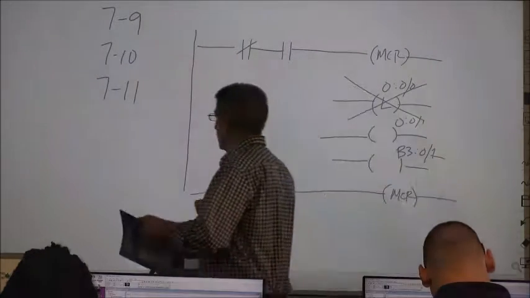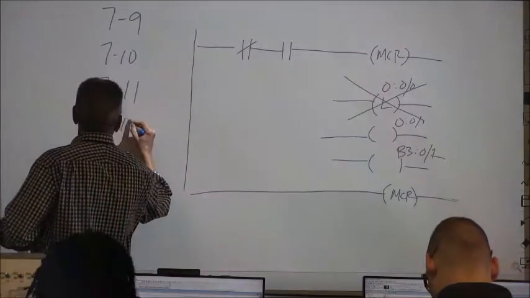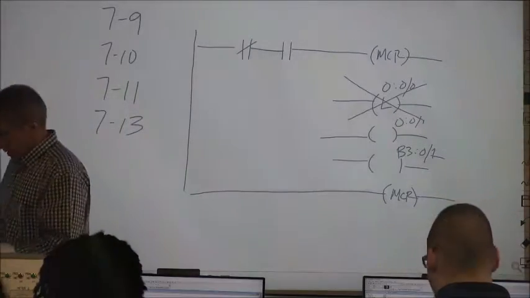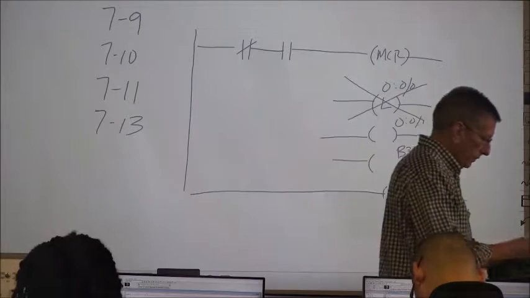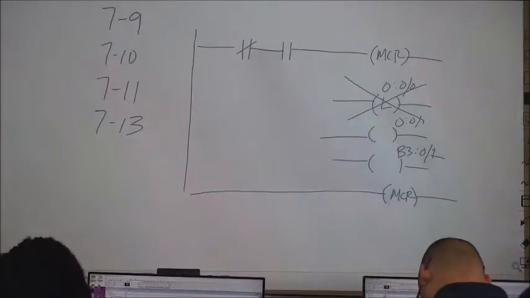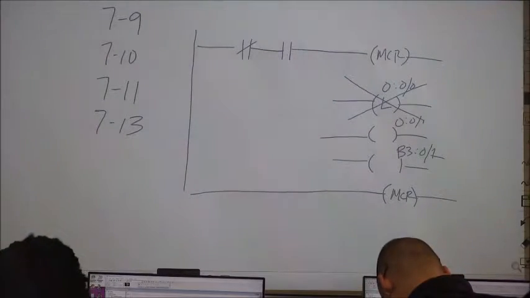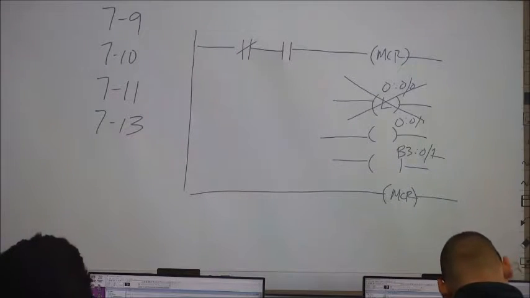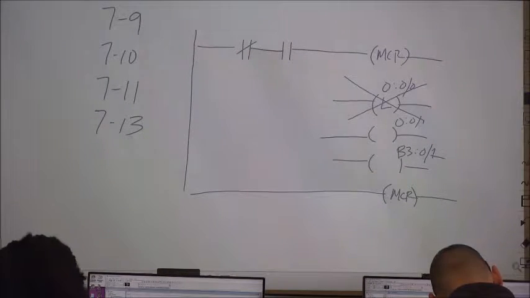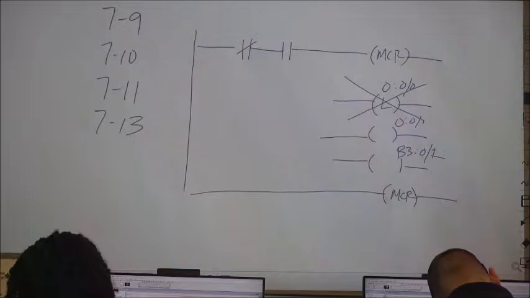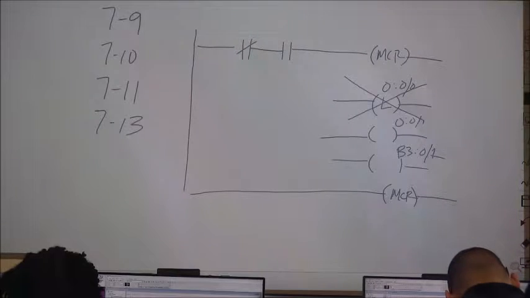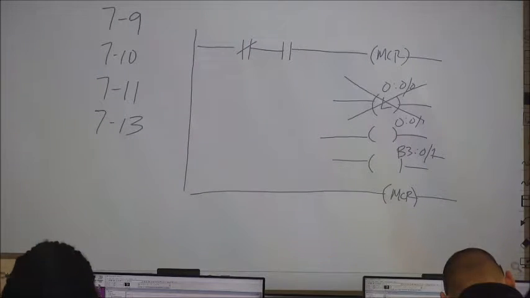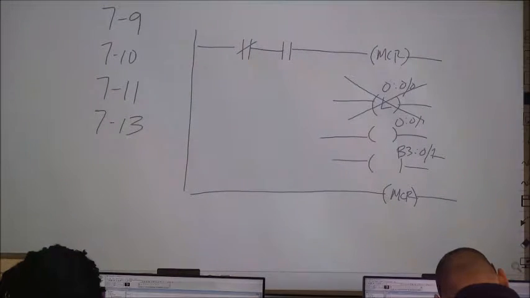7-13. So we have this motor, and we have an oil pump. See the pump output? That's for oil. What we're doing, T41, you see it's being energized immediately. Which one is this? 7-13. Yeah, it's on the top of page 59.